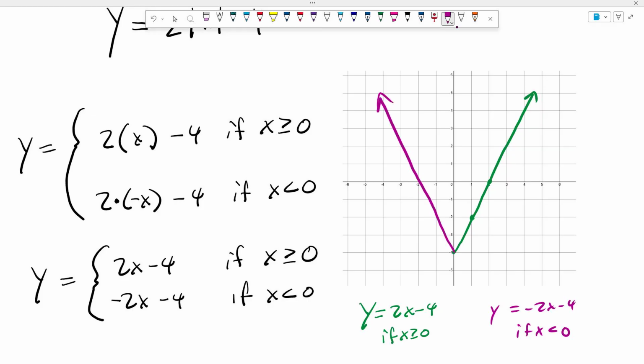There it is. So still a V, but the slopes are changed. Okay. This is another type of transformation. What do we call this type of transformation?